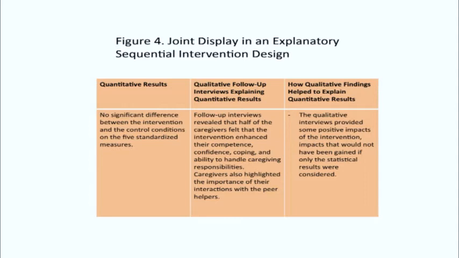This is a study about caregivers. And then the third column over addresses how the qualitative findings help to explain the quantitative results in more detail. So what I've done here is I've arrayed in a single table both quantitative and qualitative results, and I've shown specifically how the qualitative helps to explain the quantitative data.